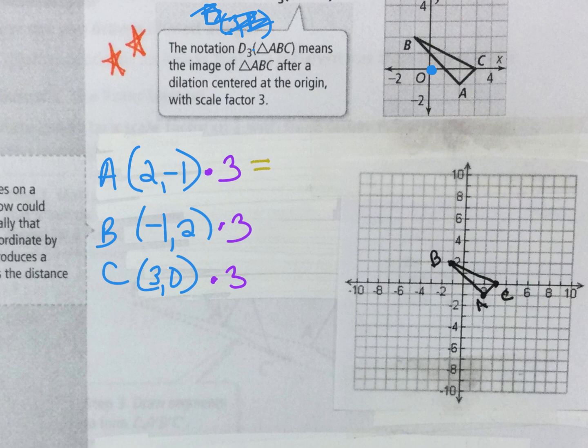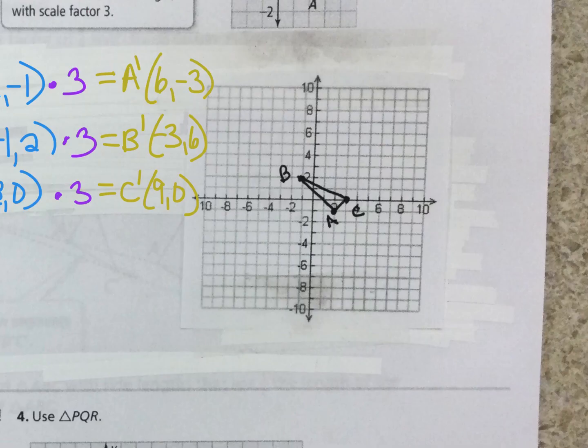So A prime is going to equal 6, -3. B prime will equal -3, 6. And C prime will equal 9, 0. After you draw that figure, you can see it looks like that, and it's a multiple of 3 bigger.